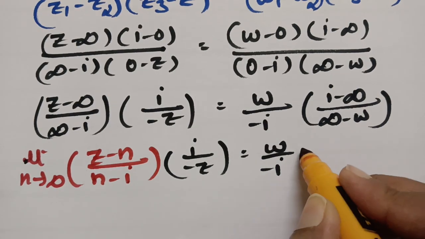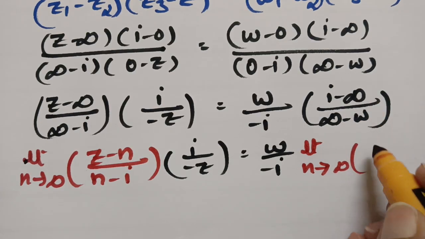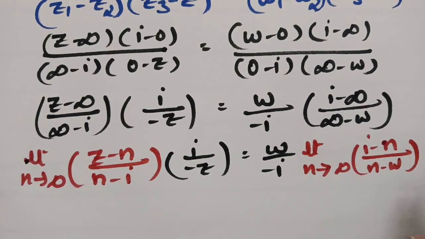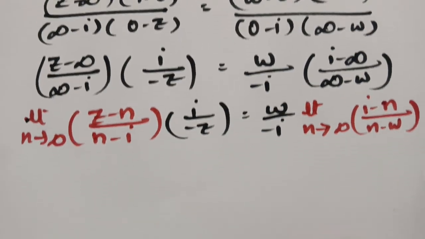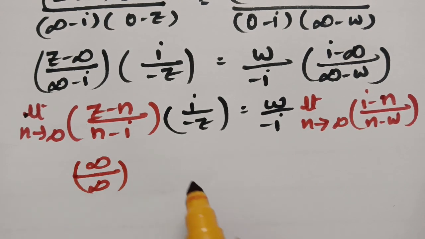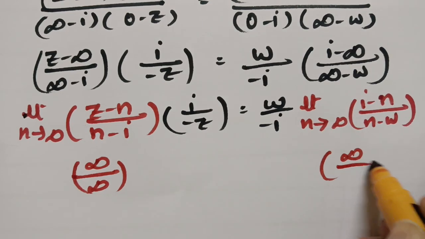In this term also, this is n tends to infinity. In place of infinity, I'm going to substitute n. So this is n minus w. If I substitute infinity, this will be infinity by infinity, and this is also infinity by infinity.